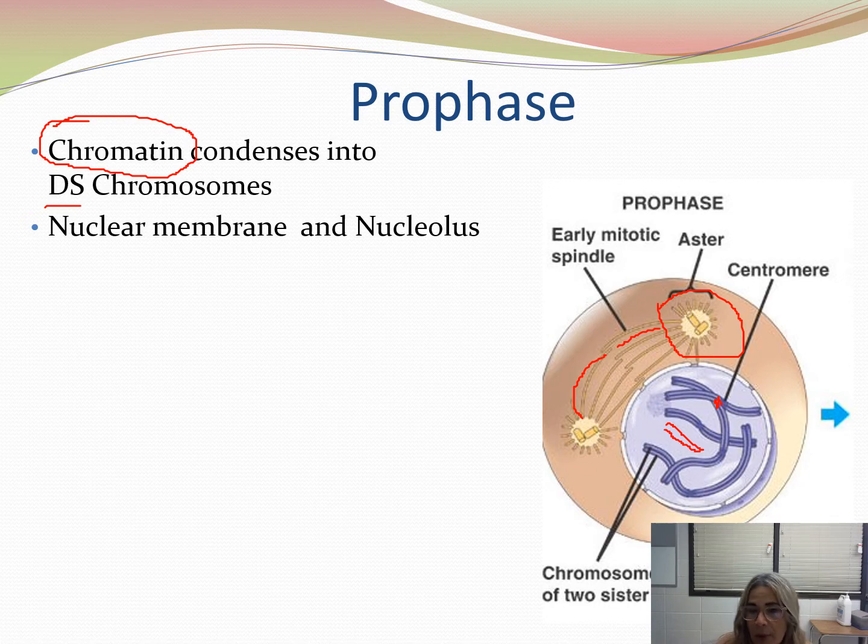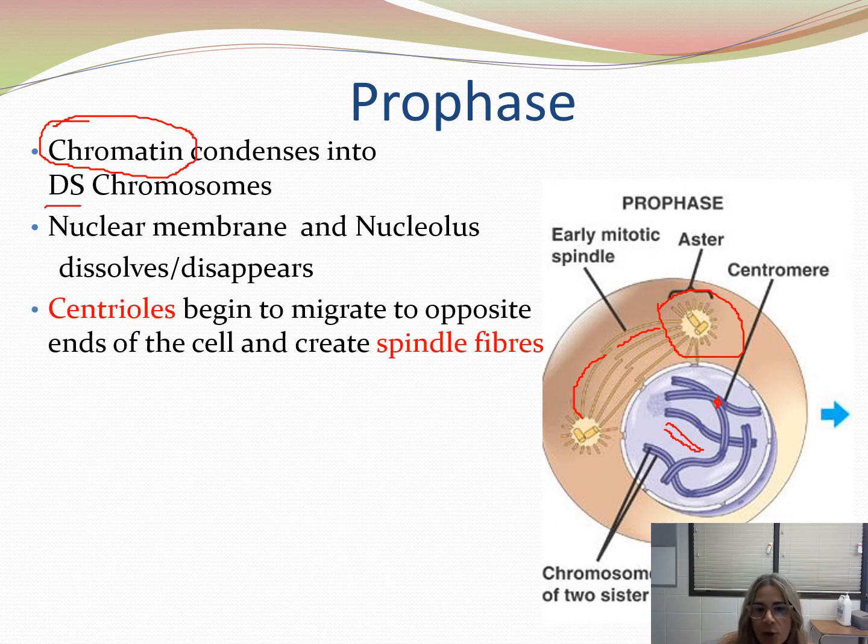The other thing to remember in prophase is that the nuclear membrane and the nucleolus are intact, because what's happening is we're getting that condensation of the chromatin into the double-stranded chromosome form. Eventually, as prophase continues, the nuclear membrane and the nucleolus are going to dissolve or disappear, and that's because we need those chromosomes to come out of that nucleus.